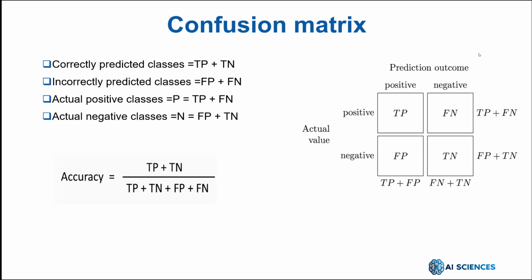So we compute the proportion of records that are correctly classified, called the accuracy of the classification model, and it is calculated as follows. Accuracy equals TP plus TN over TP plus TN plus FP plus FN.